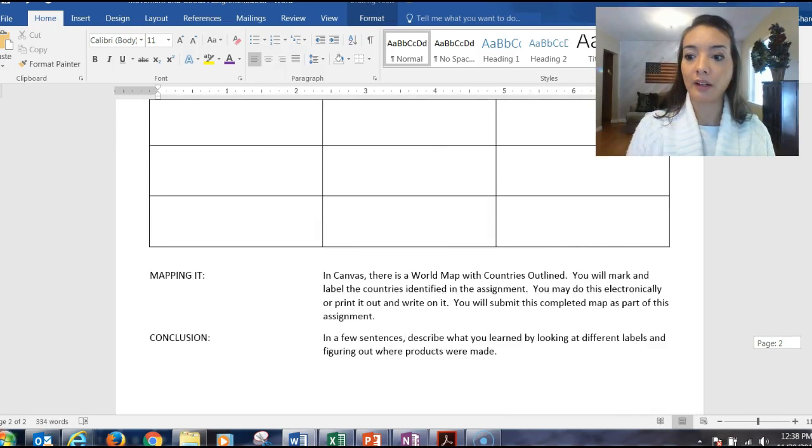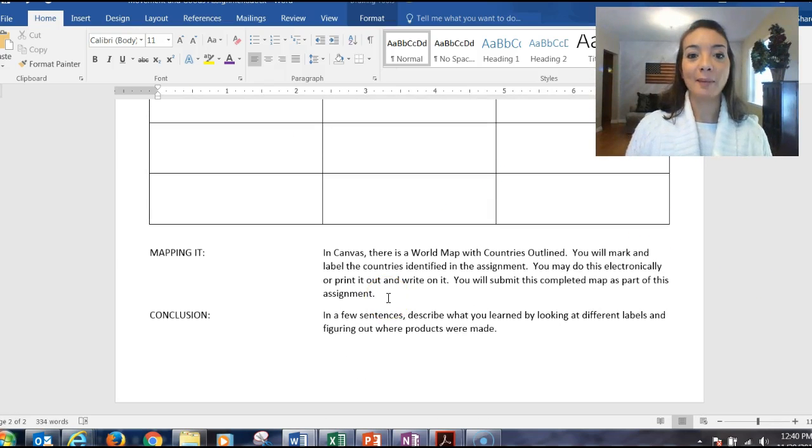Now this bottom part. All right, mapping it. In Canvas, there's a world map with countries outlined. You will mark and label the countries identified in the assignment. So you want to look at the previous tables. You might have China, you might have India, you might have Mexico, maybe there's a couple of others.